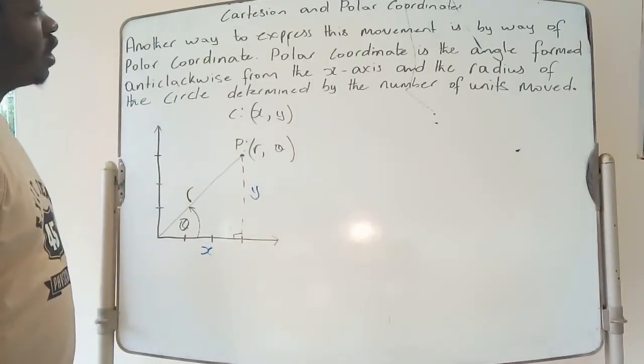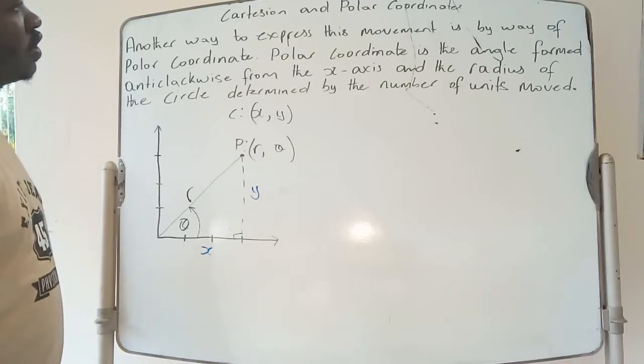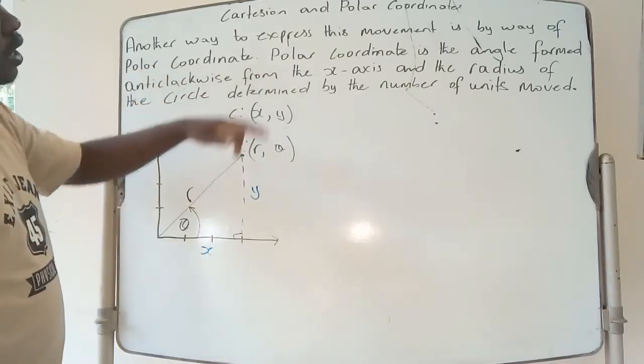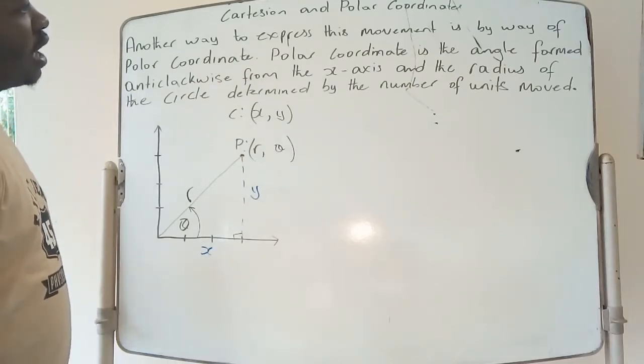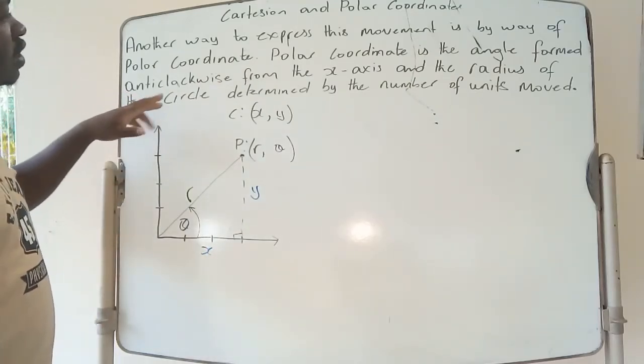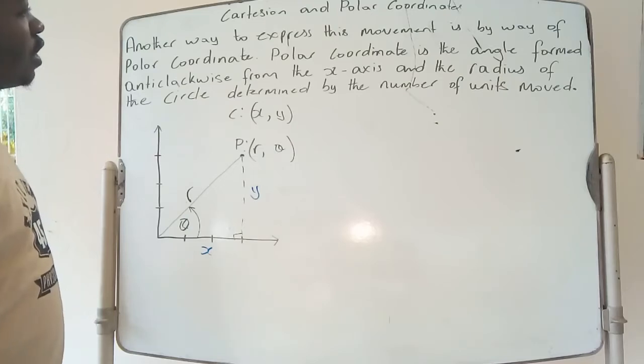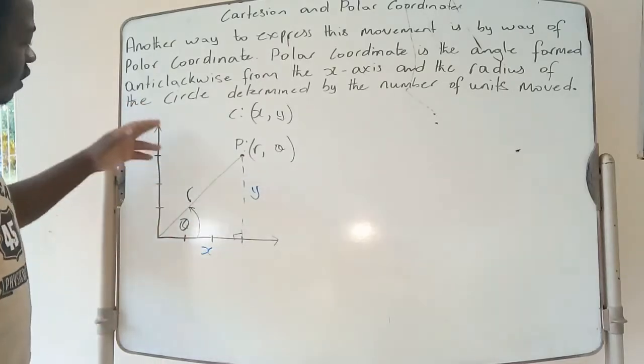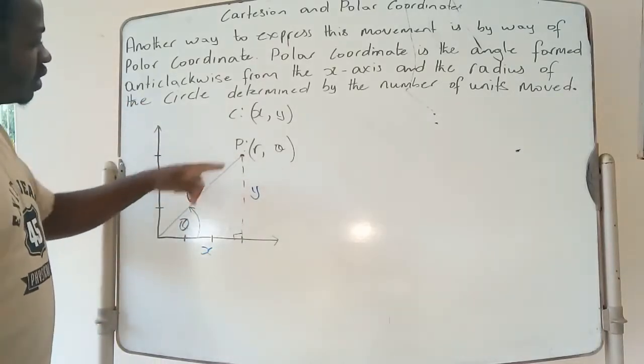Another way to express this movement is by way of polar coordinates. Polar coordinates is the angle formed anti-clockwise from the x-axis and the radius of the circle determined by the number of units moved. So here I have an x and y plane, right? And I have a point here.